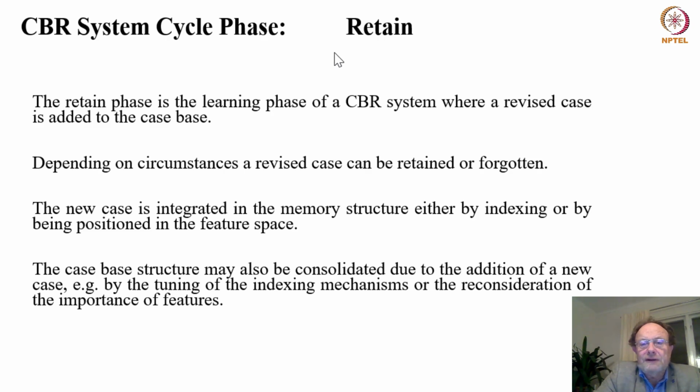So learning is more related to the two later phases, while problem solving is more related to the first two phases of the whole CBR cycle.